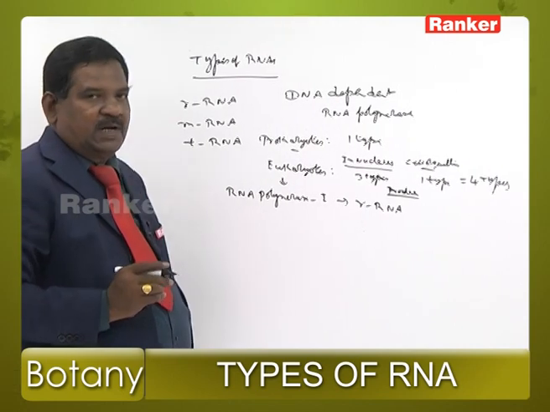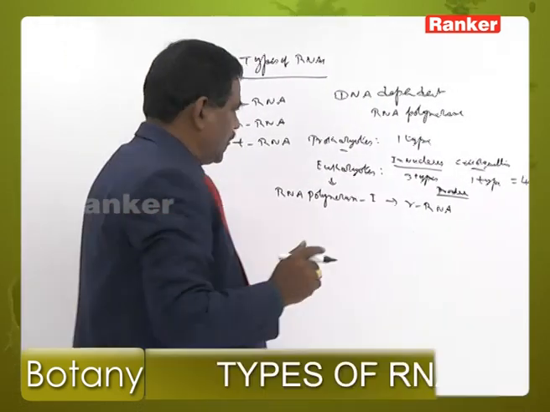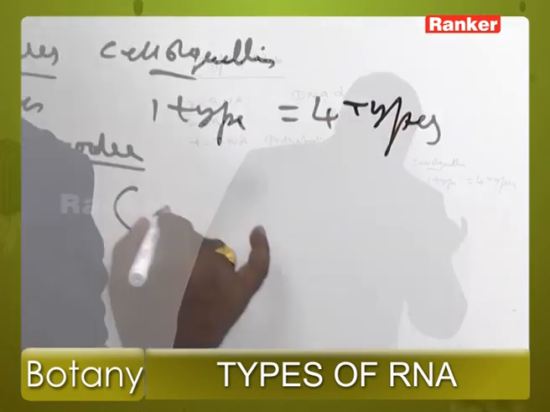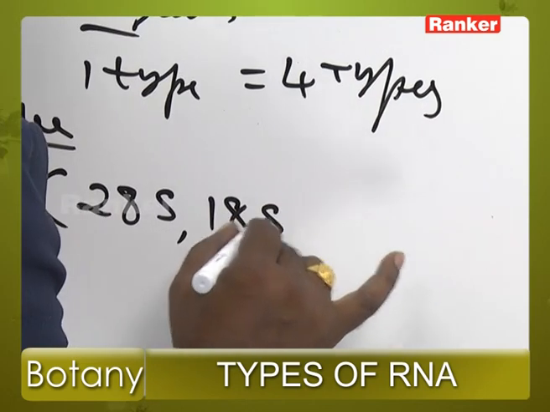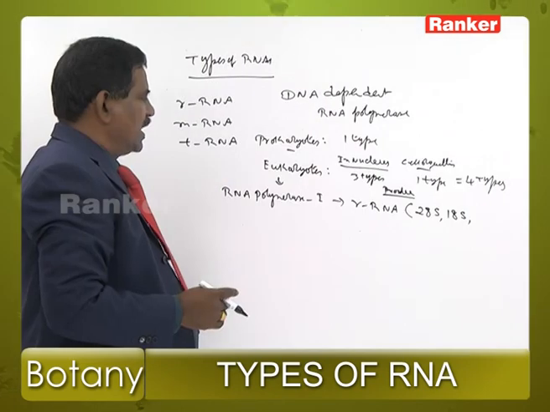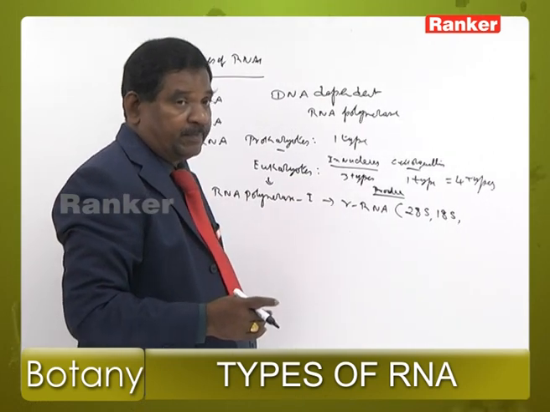RNA polymerase 1 is involved in the synthesis of ribosomal RNA. Here, ribosomal RNA 28S, 18S, RNA polymerase 1 synthesizes ribosomal RNA.